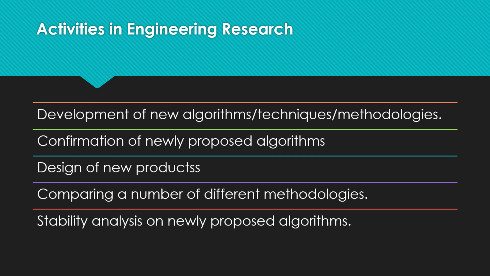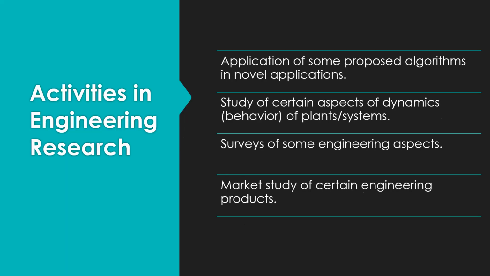the activities normally are to develop new algorithms, techniques, methodologies, confirmation of newly proposed algorithms, design of new products, comparing a number of different methodologies, and also stability analysis on newly proposed algorithms. So these are most common activities in engineering research.